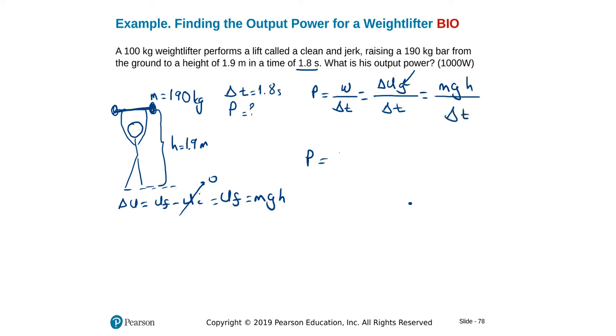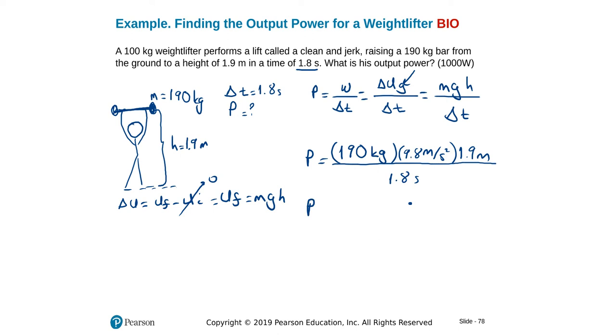We'll put the mass of the object he lifts, not the mass of the person. Keep that in mind. Sometimes we have values given to us that we don't need. g is 9.8 meters per second squared, and h is 1.9 meters. All that divided by 1.8 seconds.